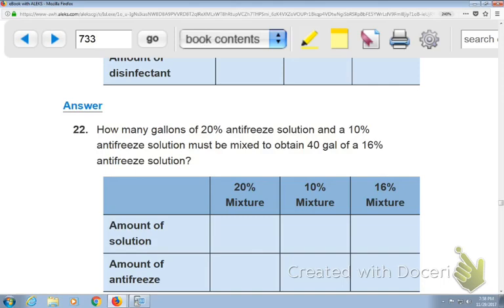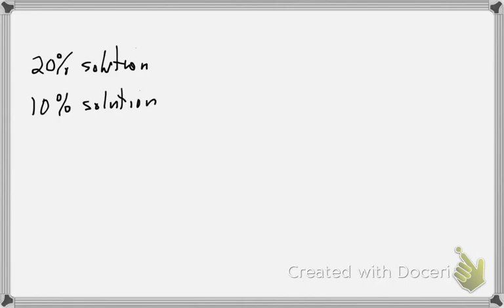All right. So let's look at what we have going on here. We have the 20% solution and the 10% solution.